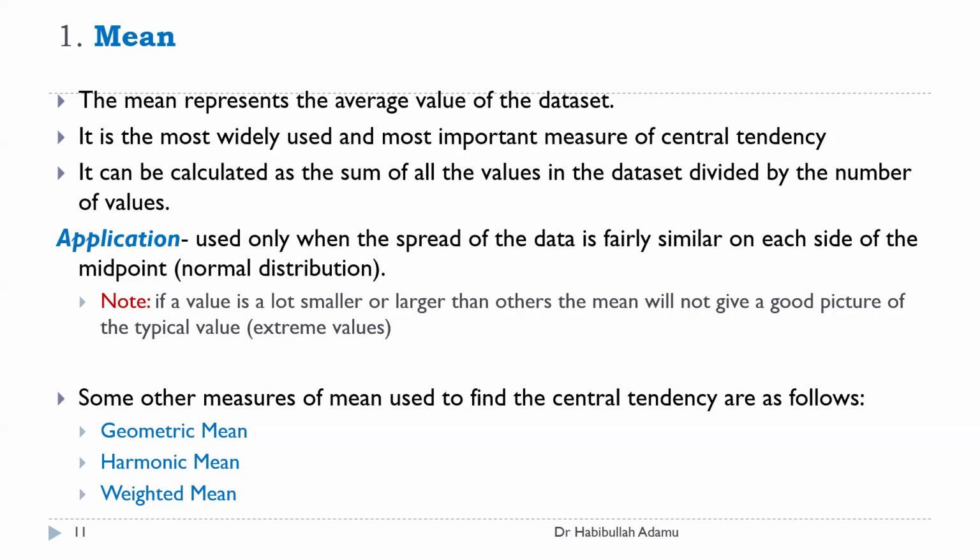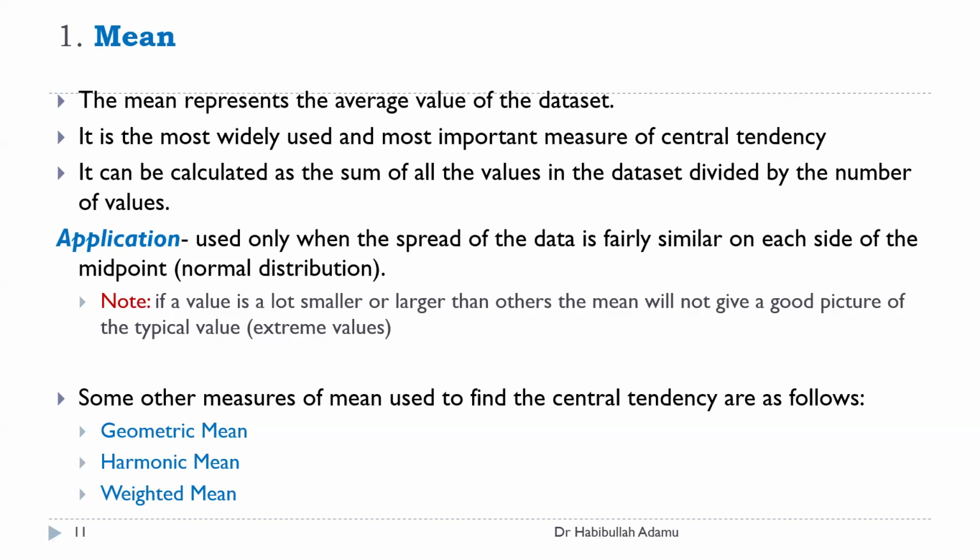If it is not normally distributed, if you use mean, it is going to give you a misleading result. So if a value is a lot smaller or larger than others, mean will not give you a clearer picture of the central location. So these are the examples: geometric mean, harmonic mean, weighted mean, arithmetic mean, and so on and so forth.